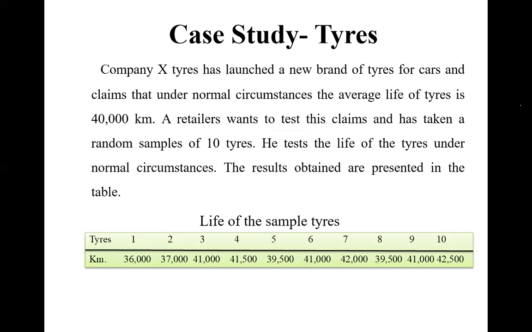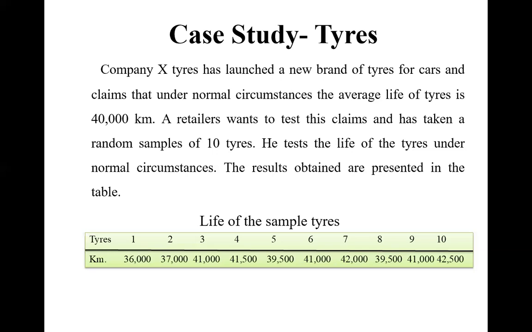The case study: company X has launched a new brand of tire for cars and claims that under normal circumstances the average life of the tires is 40,000 kilometers. It means the tire will run 40,000 kilometers.